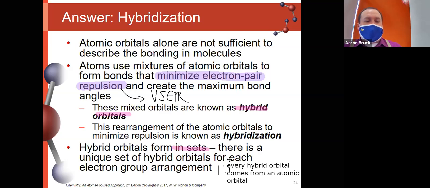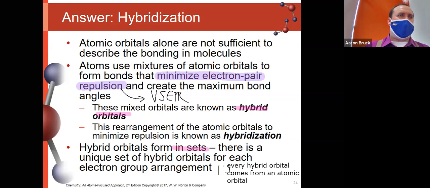And the orbitals that we combine typically come from a lowest energy to highest energy kind of orientation, which means s orbitals, because they are the lowest in energy, are always going to get integrated first. P orbitals will always be integrated second. D orbitals, if necessary, would get integrated last if needed.